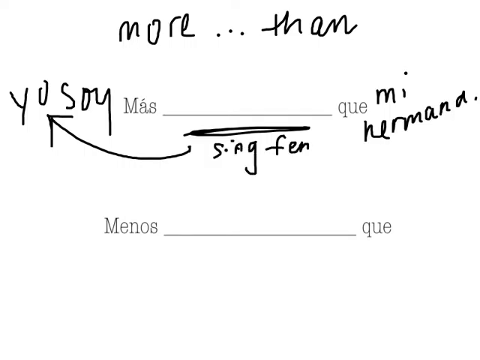and feminine. Okay? So I could say, yo soy más inteligente que mi hermana. I am more intelligent than my sister. Now, because inteligente doesn't end in an A, it's okay that we didn't change it. But let's try another one. Okay, I might say, yo soy más bonita.